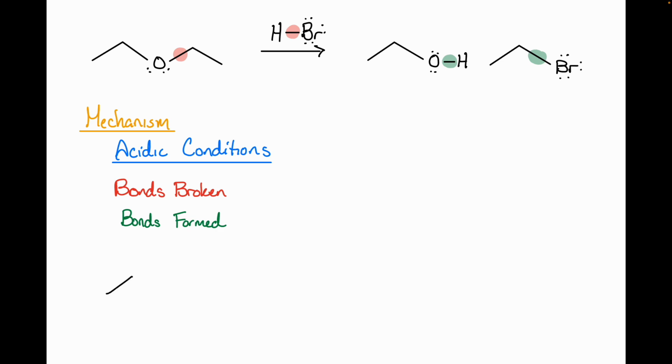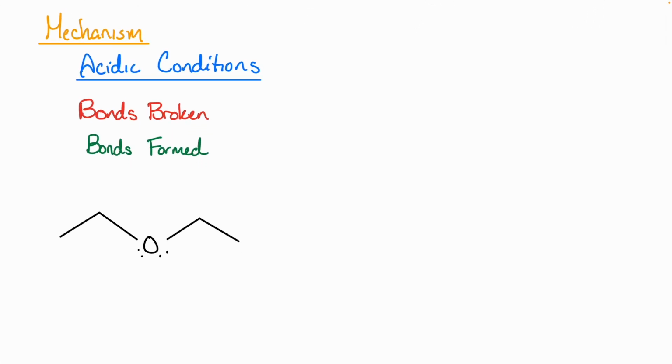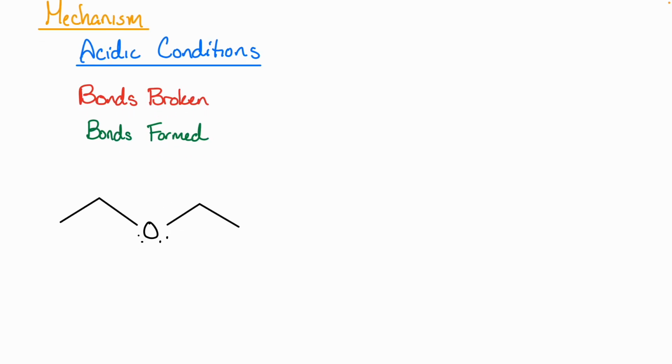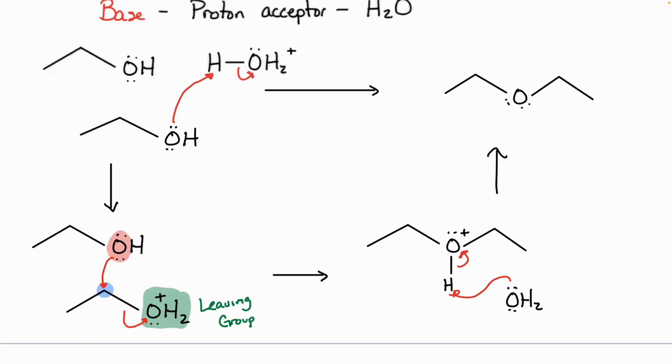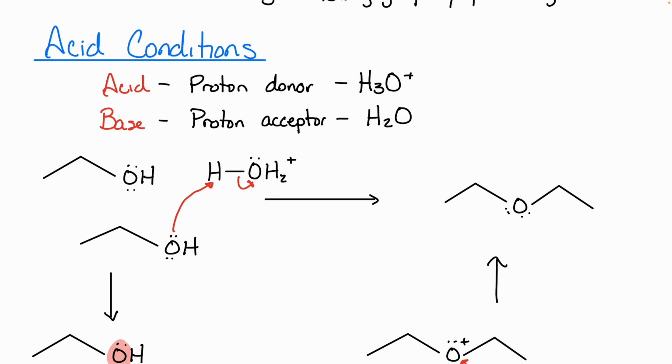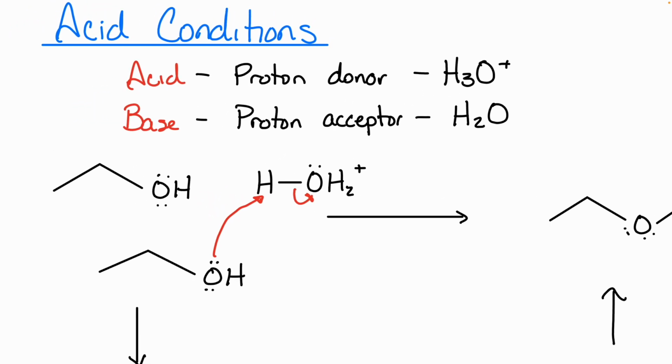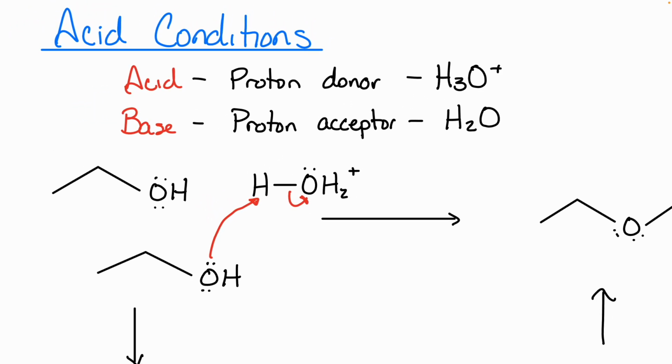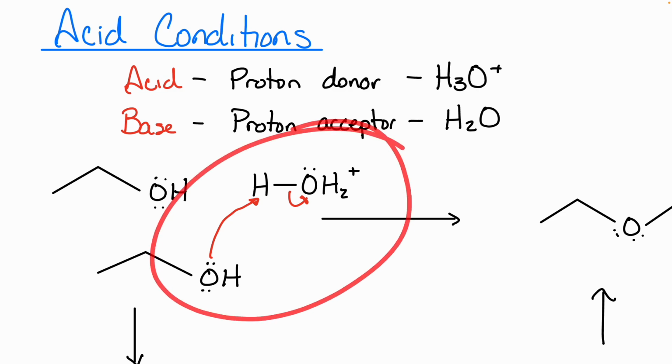All right, so first step in our mechanism. What was our first step in our previous mechanism? What were we doing here in this first step? What would we call this?